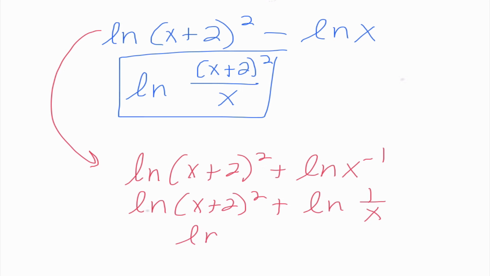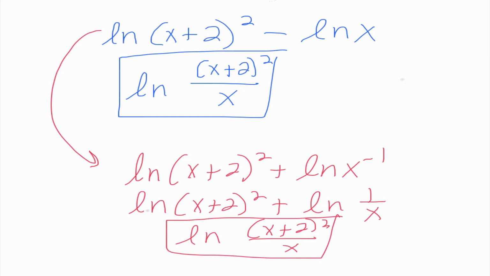And then if I multiplied those together because it was addition, amazingly, I get the same exact answer. So the whole point is there are a few different ways we could think about using these properties. I definitely think this first way is the easiest, but I just wanted to demonstrate that the properties hold true, or even explain why subtraction is division, is because of this concept right here.